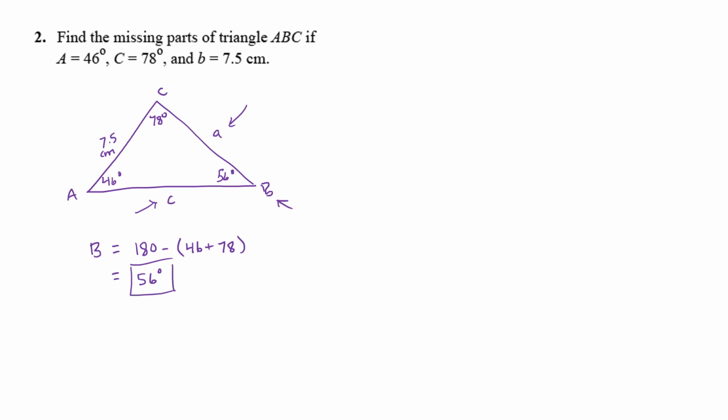So let's set up our sine formula. We'll have A over the sine of angle A, which is 46, equals B, which is 7.5, over the sine of angle B, which we found to be 56, and C over the sine of angle C, which is 78.